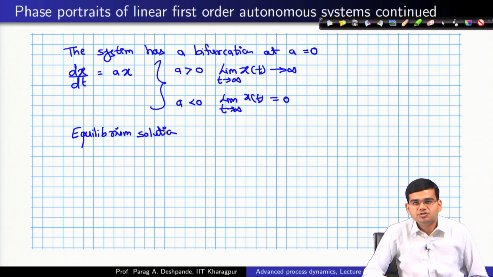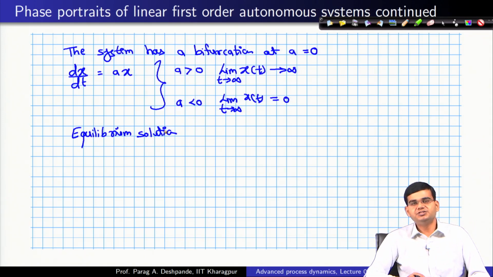Okay. So, equilibrium solution is a solution at which the gradients in the system become 0.